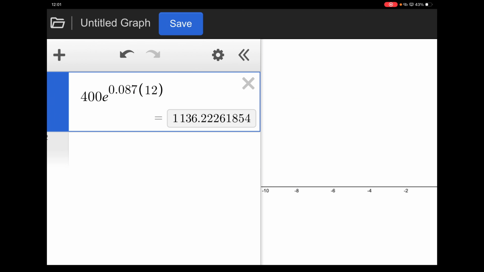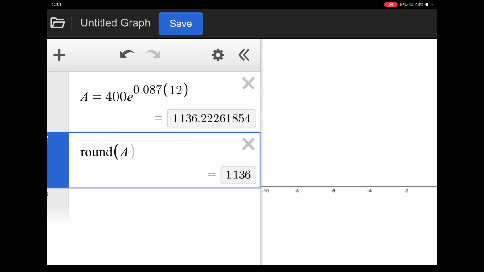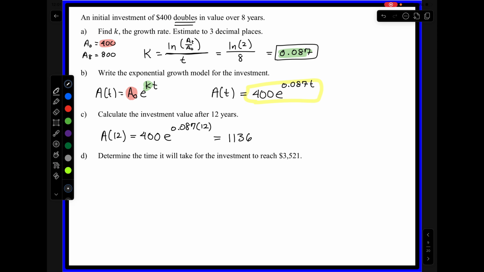Here I have this value. I'm going to call this value A. So A gets evaluated to this. We're going to round the value of A to 0 decimal places. So your answer is 1136, which now finally leads us to the last one.